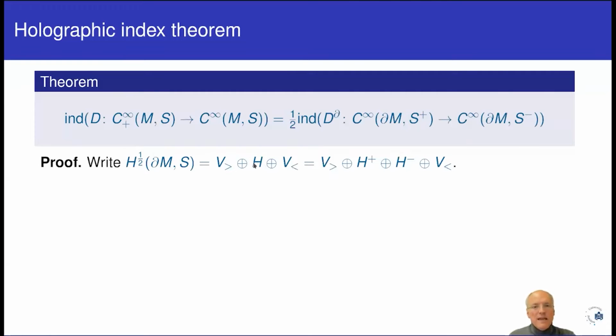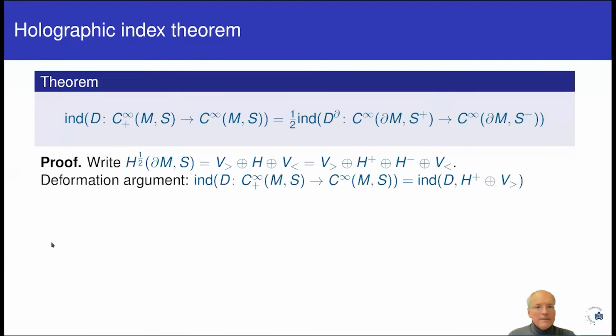And this space H can be further decomposed because I can intersect this space with those harmonic sections which lie in S plus and those which lie in S minus. Remember, along the boundary, our bundle splits into S plus and S minus. And by the assumptions, then H is the direct sum of H plus and H minus. So I have this decomposition of the sections along the boundary.